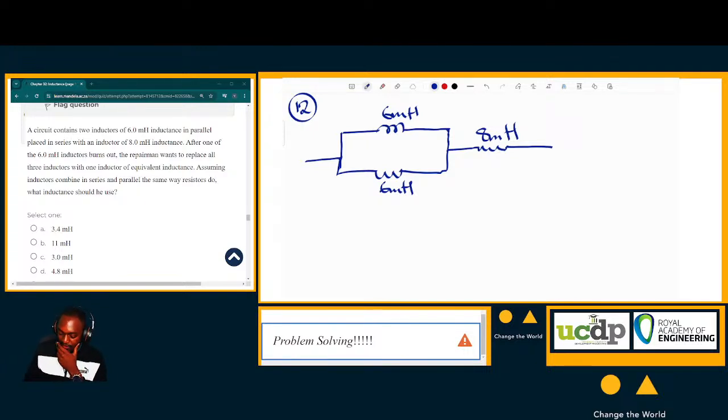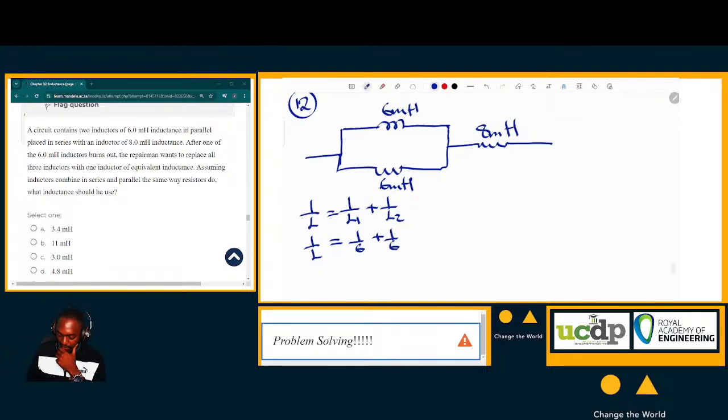So for the parallel section, it will be 1 over L, which is 1 over L1 plus 1 over L2. So 1 over L will be 1 over 6 plus 1 over 6.